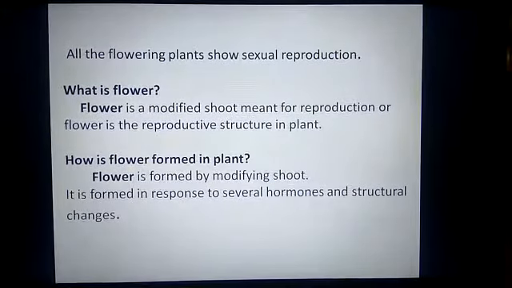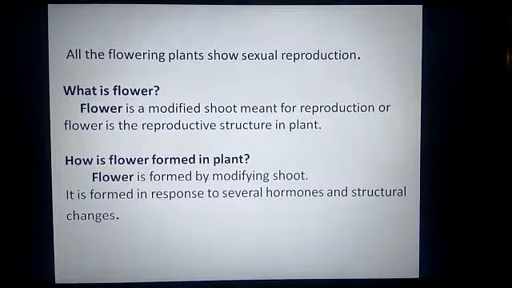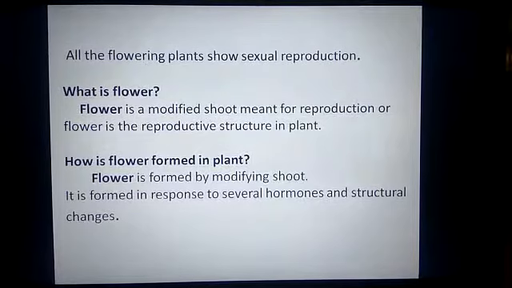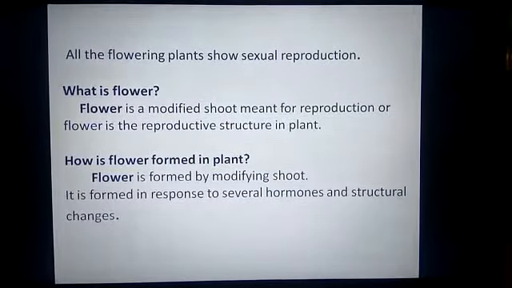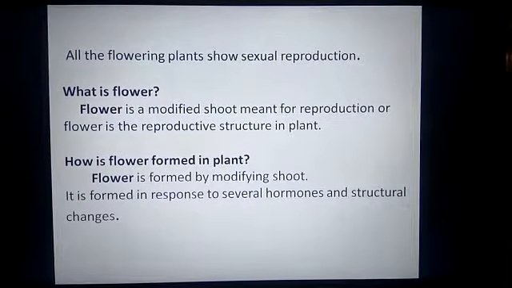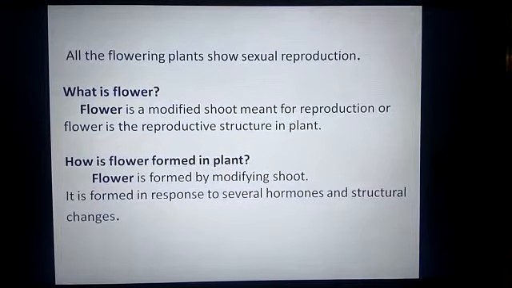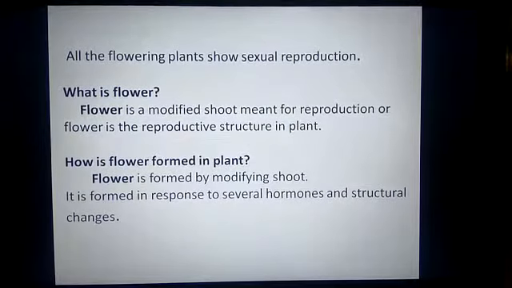So it is the same case for the plant. Being living organisms, they must also reach a stage of maturity before they can undergo reproduction. So once the plant reaches a state of maturity, the shoot will undergo modification and produce a flower.